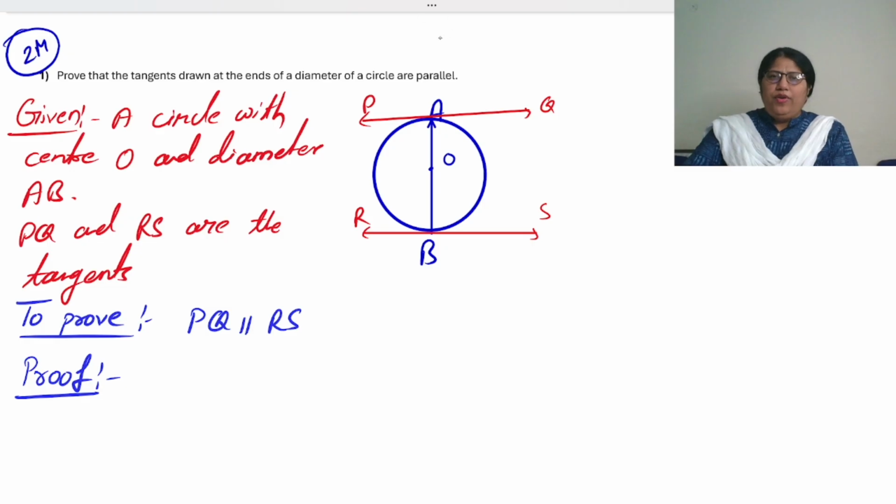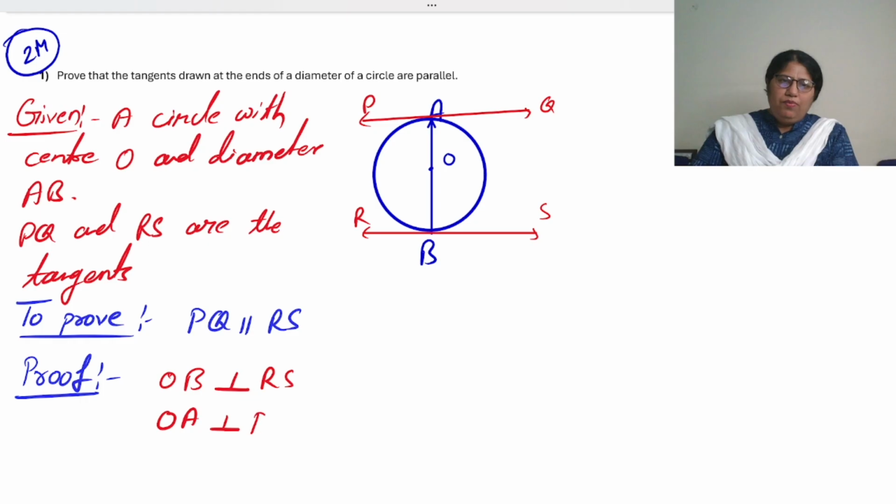Now, before we take that, you can see that OB is perpendicular to RS. So here I can write: OB is perpendicular to RS. Similarly, OA is perpendicular to PQ.